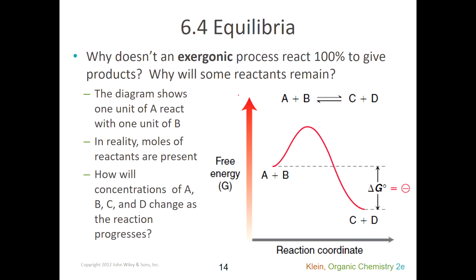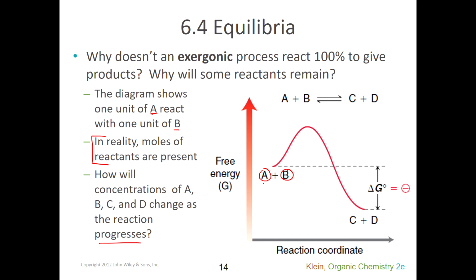So obviously I don't have just a couple individual units of these things. I've got moles of them. And so we want to make sure we understand that as a reaction progresses, it's not like one reaction is going to eliminate all of the A and B from solution.